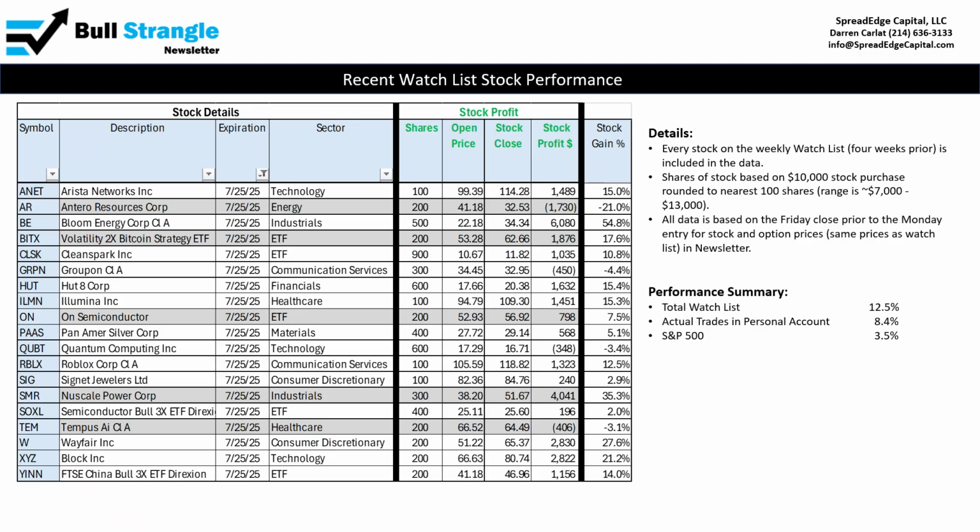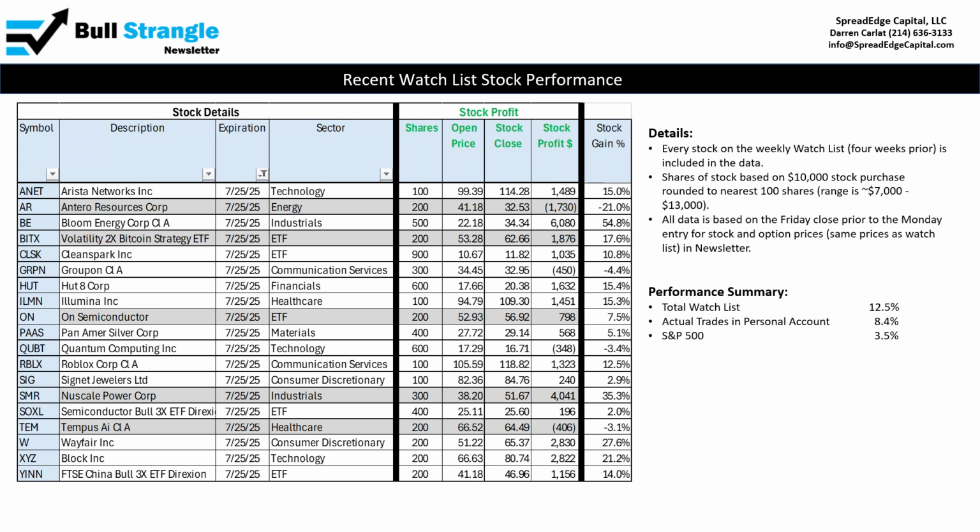But this also highlights the range that you're going to see over a 5-stock selection cycle. You can see here the range is from a negative 21% stock return to a positive 35.3%, and then several in between. And it is important to note that the S&P 500 for the same 4-week cycle was up 3.5%.